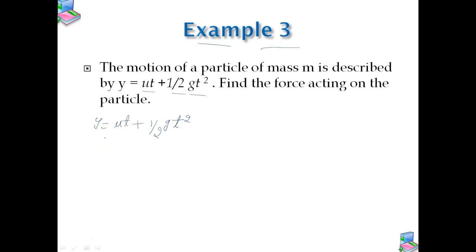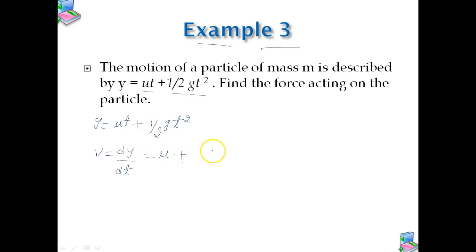We know that the velocity v is nothing but dy by dt, isn't it? The motion of the particle is y, so dy by dt gives the velocity. If you differentiate this equation, we get u into t. The differentiation of ut, where u is a constant and t is a variable, is u.